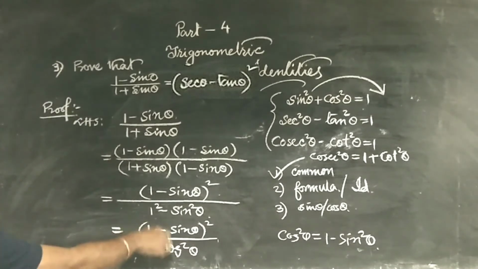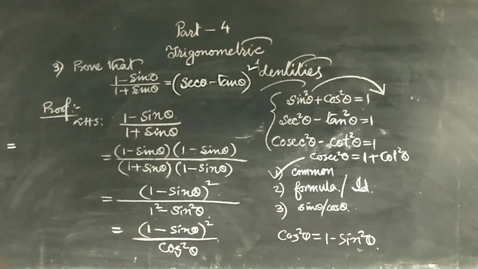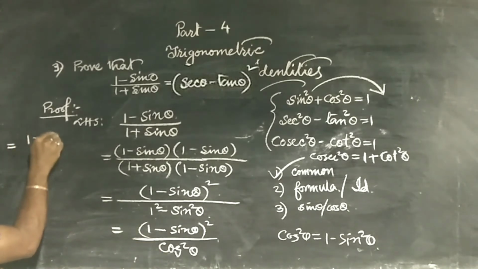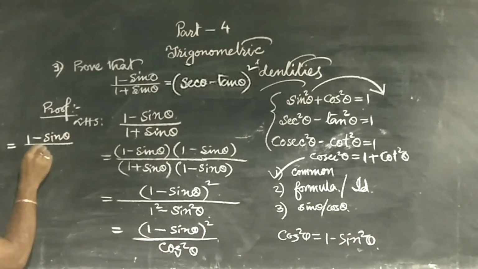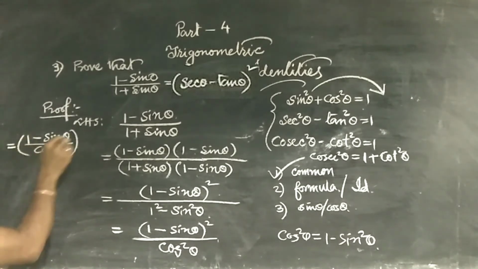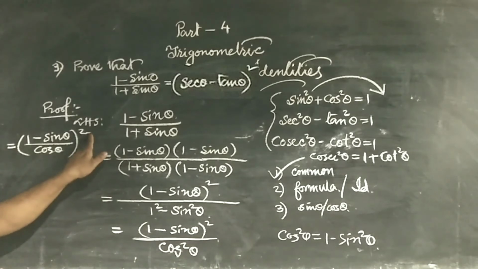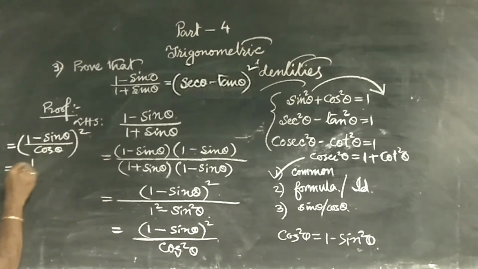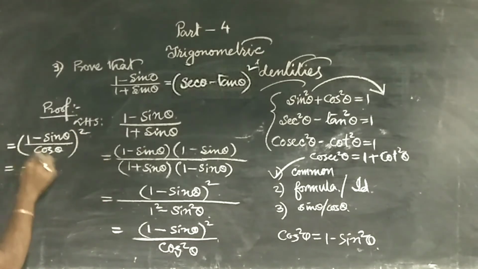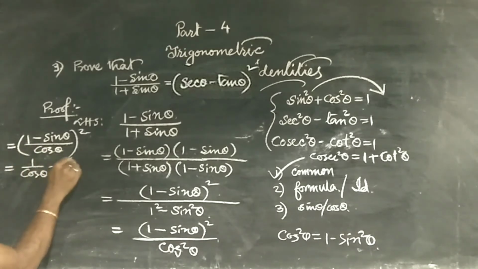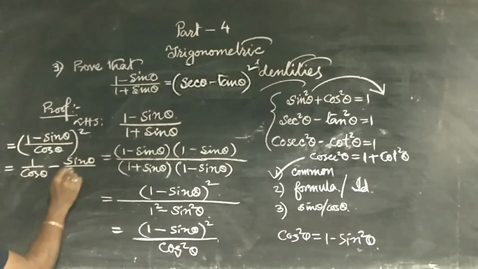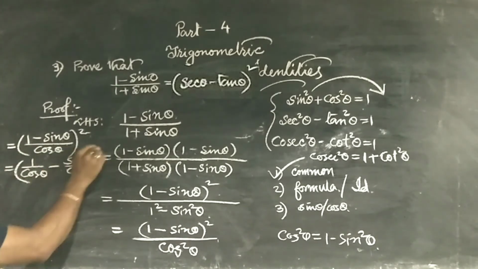Fine. After this step, I can write 1 minus sin theta by cos theta whole square. Just see, these squares I have taken together, nothing else. Now just separate these two: 1 by cos theta minus sin theta by cos theta, whole square.